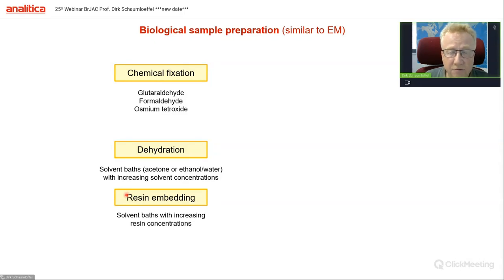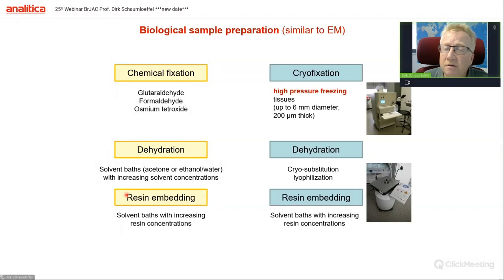And finally, we have a polymerization and a fixation of the biological material in resin. But what we usually prefer is to do everything at low temperature, so-called cryofixation, to avoid the chemical fixation, because chemical fixation can alter or modify the structure more than cryofixation.